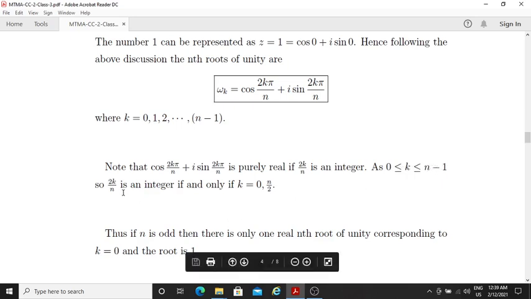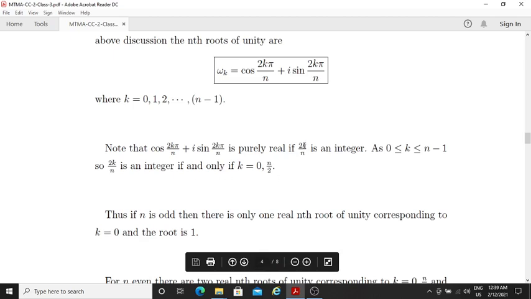Now, note when this can be an integer. When k is 0, definitely it will be an integer, this will be 0. And it will be an integer when k is n/2. Now, k takes integer values, and n/2 may or may not be an integer, depending on the value of n.